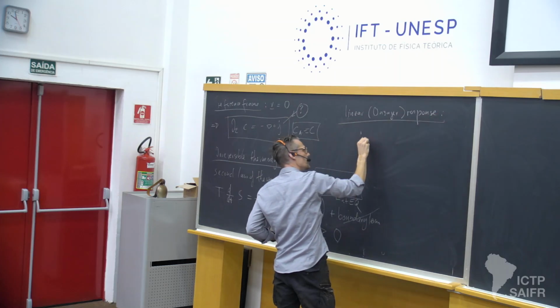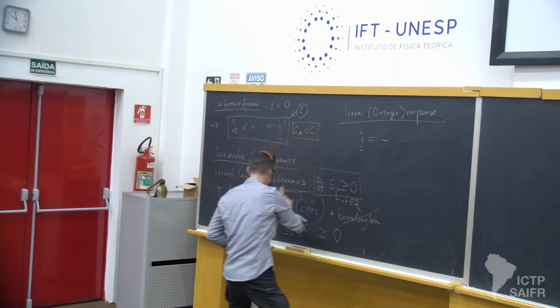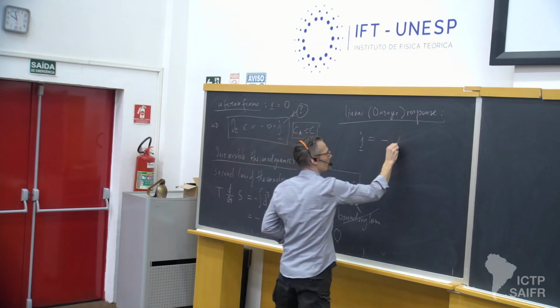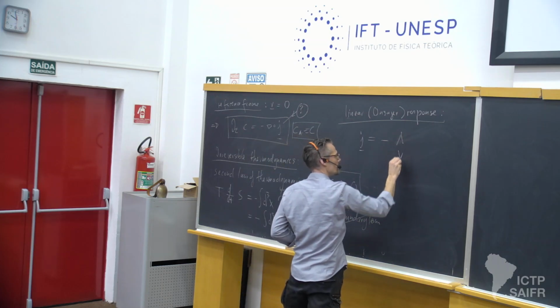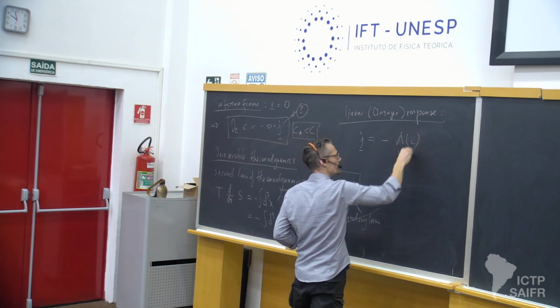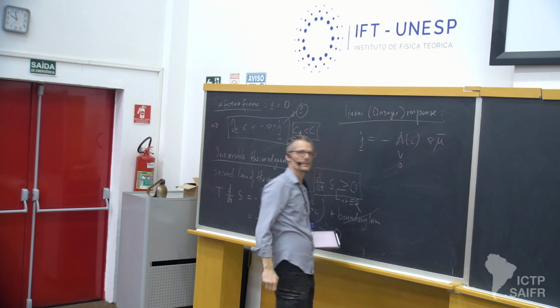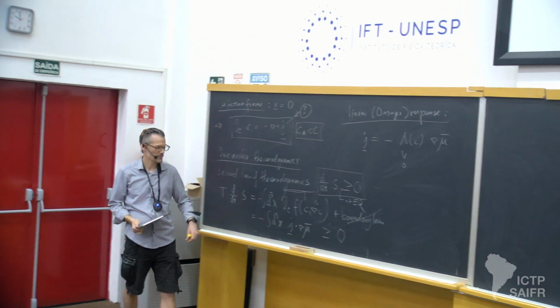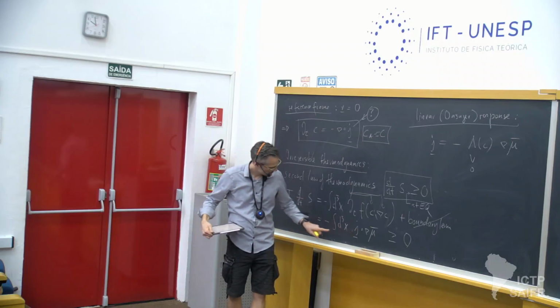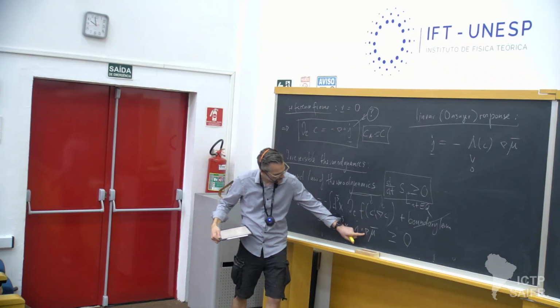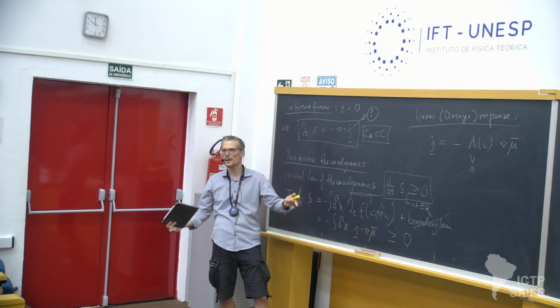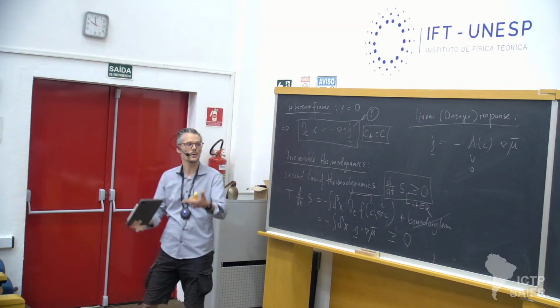If I write the flux as minus, to kill this minus here, times a positive coefficient that can depend on C, times gradient of mu bar, you see right away that this is fulfilled. Because then the minus gets killed, and I get a gradient of mu bar squared. That is always positive. The spatial integral of this positive thing is always positive.